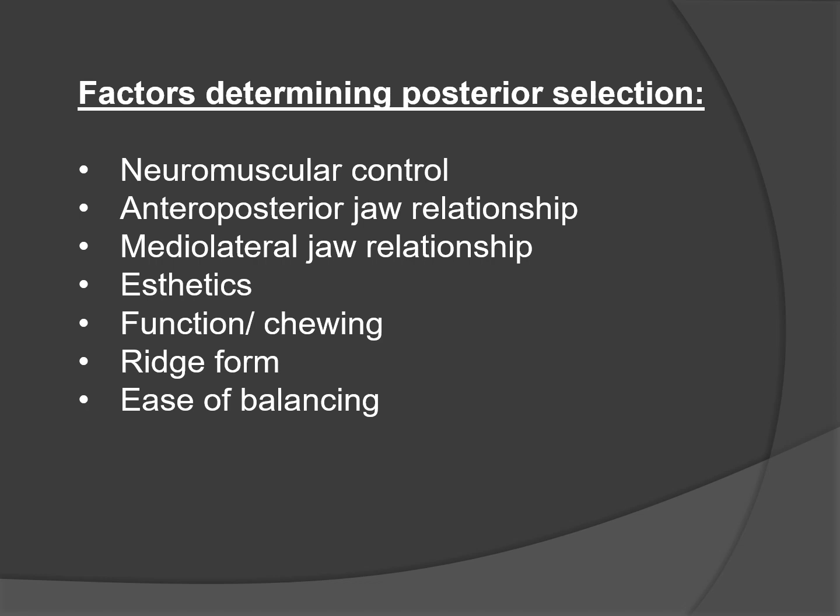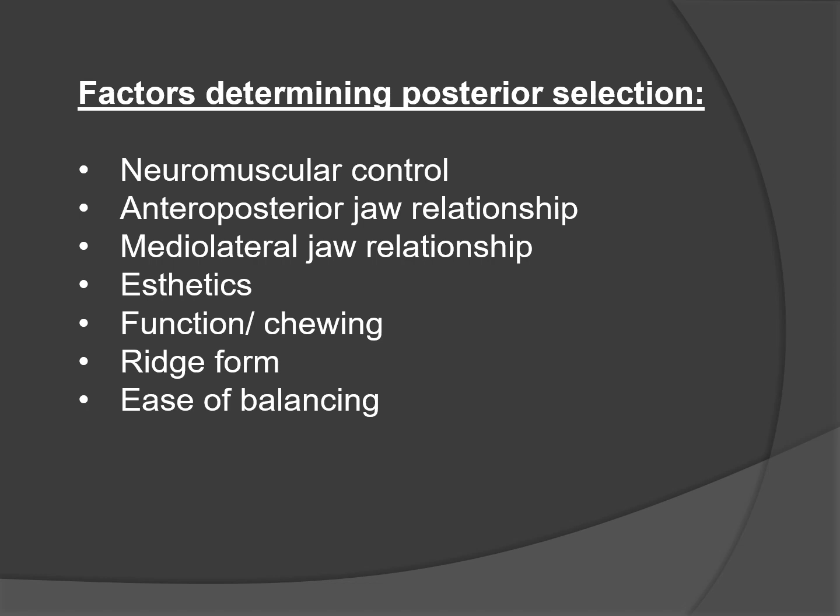The aesthetics are better in anatomic teeth, so patients who want better aesthetics, we can go for anatomic teeth. Same, the chewing function and efficiency is better with anatomic teeth. These type of anatomic teeth are more preferable in cases of a prominent ridge form. If the ridge form is not good, better do not go for anatomic teeth.